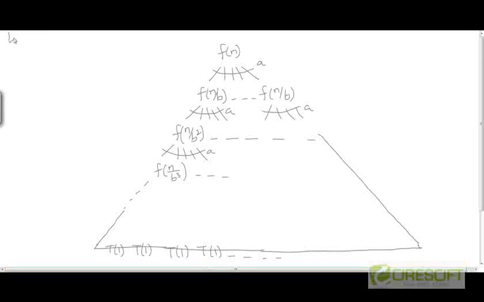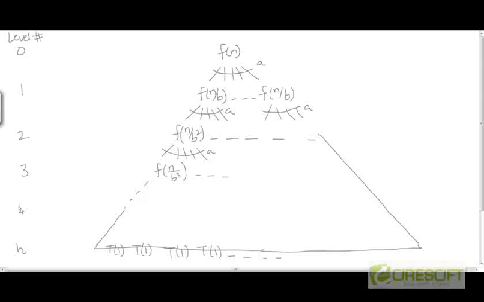So if we mark the level numbers, the root is at level 0. These A nodes are at level 1. These nodes are at level 2. These nodes are at level 3. The bottommost level is at level H, for the height of the tree.